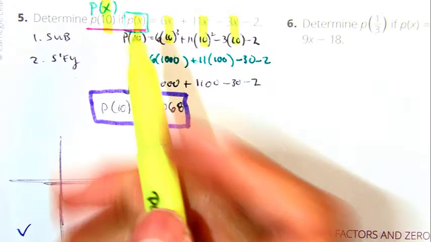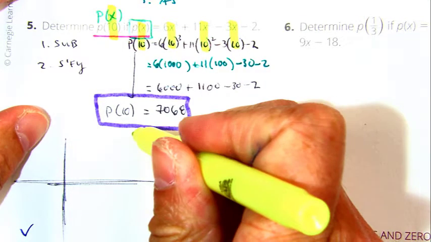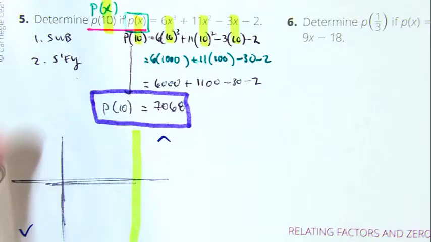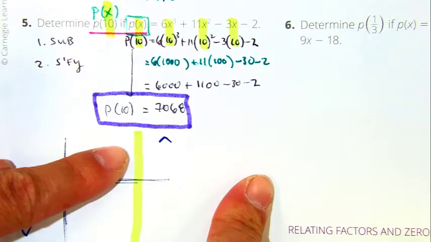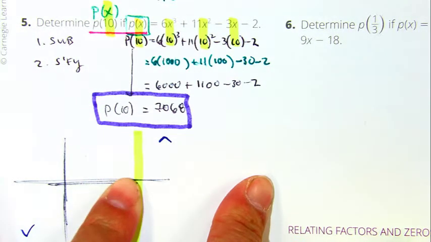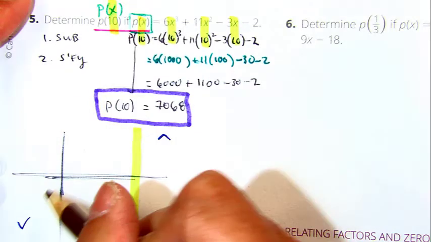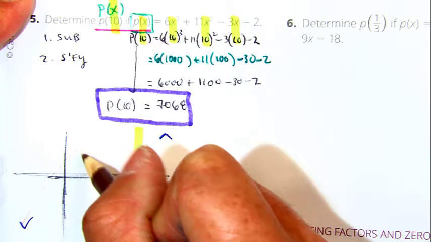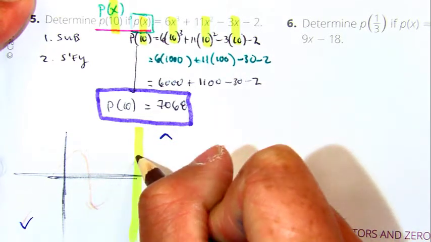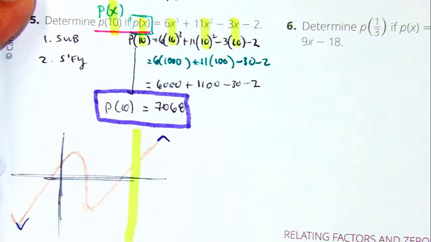And I'm going to draw, where I have x equals 10, a line. Where x equals 10, my highlighter that I substituted in, I'm going to draw on the x-axis at 10. So let's draw a sketch. There is an odd degree polynomial.